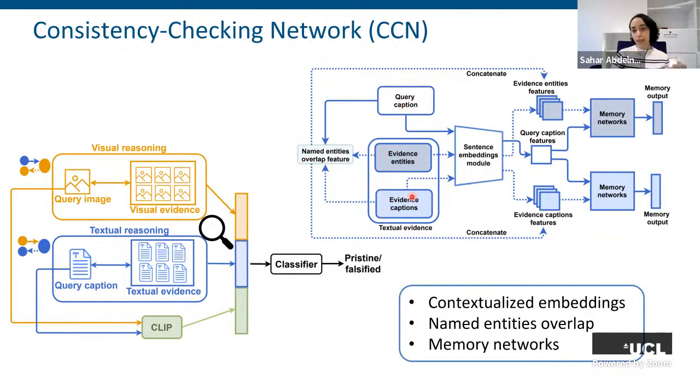And also finally, with the same motivation of selectively reasoning against the most important parts, we utilize here a memory network for each type of evidence, the entities and the captions. And again, the memory networks will give us a sort of attention signal that would be helpful for us. And I will talk about this in the experimental evaluation.